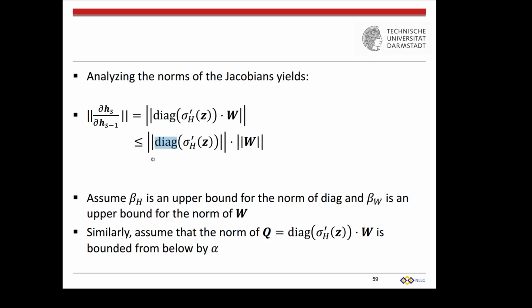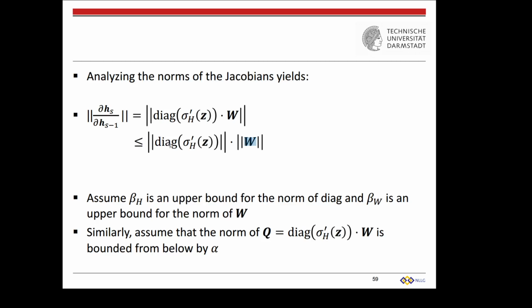Now, let's assume we have an upper bound for the norm of W. So our matrix, depending on how we set it initially or how we constrain it, could have small values, so the norm could be smaller than 1, or equal to 1, or something like this. And let's assume we also have an upper bound for the norm of the diagonal.